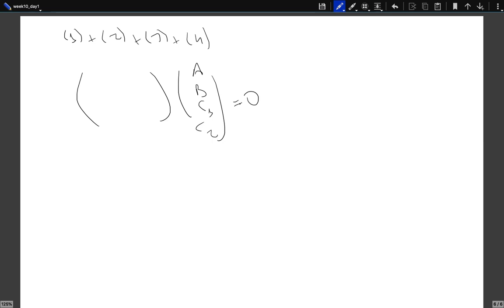Here on the left-hand side you will get some matrix that depends on E. When does this equation have non-trivial solutions?